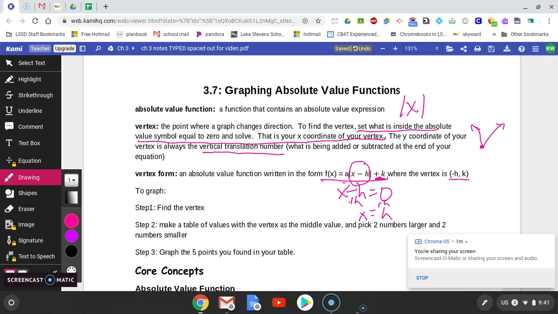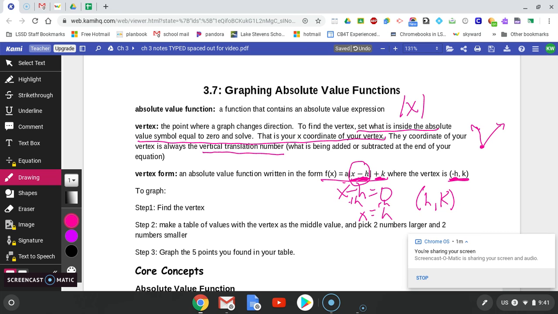So I end up with the vertex being h comma k. Now right here I have it as the opposite of h comma k. The reason is if all I have is x minus some number, it's always just the opposite of what that number is. So if this had been x minus 3, I know that the x-coordinate of my vertex is going to be a positive 3 because it's the opposite of what was originally here.